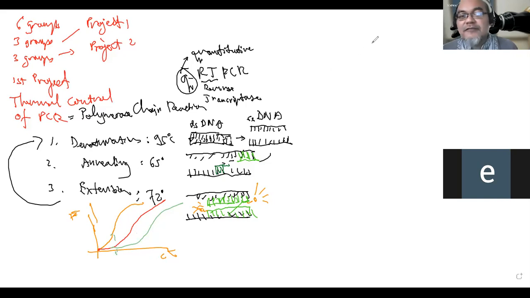So I'm not asking you for this first task to make the whole PCR device. Only what you need to do is to develop a system for a small chamber. You don't need to make the small chamber itself. This will be equipped with a heater.